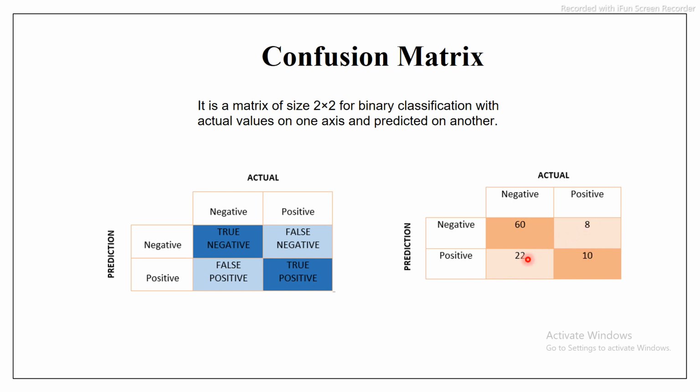so 70% of the data is correctly classified, but the problem is 30%. Your system is creating more false positives here, 22, and the false negative is, let's say, 8. So in that case, you need to do something to reduce the number of false positives.